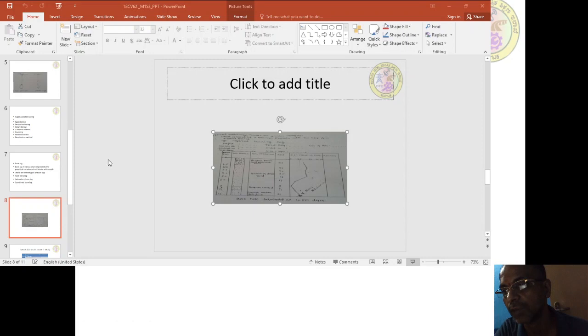You also write the type of boring used, auger boring, shell boring, percussion, or rotary, the diameter of the borehole we made, the time started and ended, and which agency is doing this particular boring process.